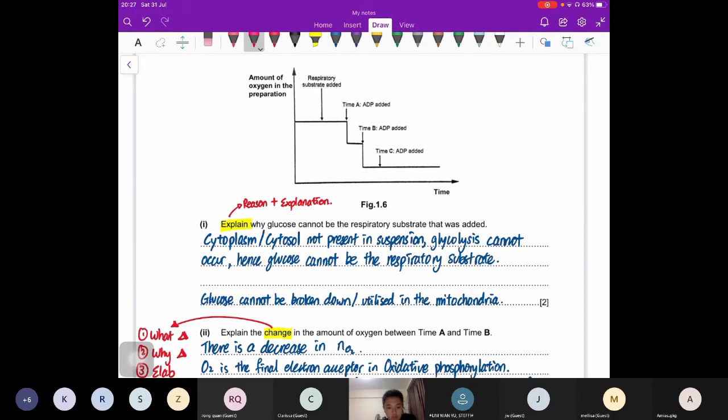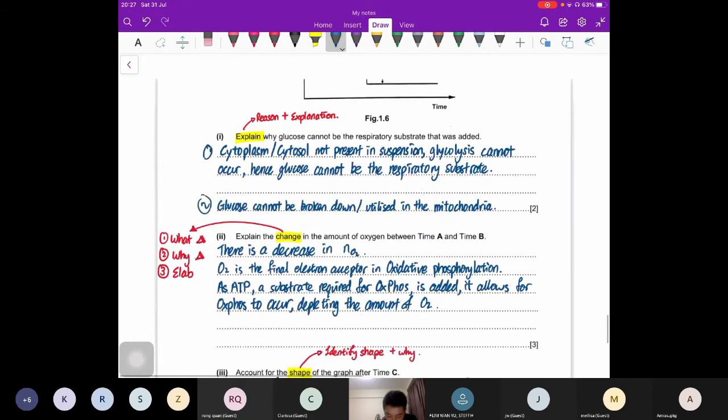There's another answer, sorry. Your first answer is here, second answer is here. Two separate answers.